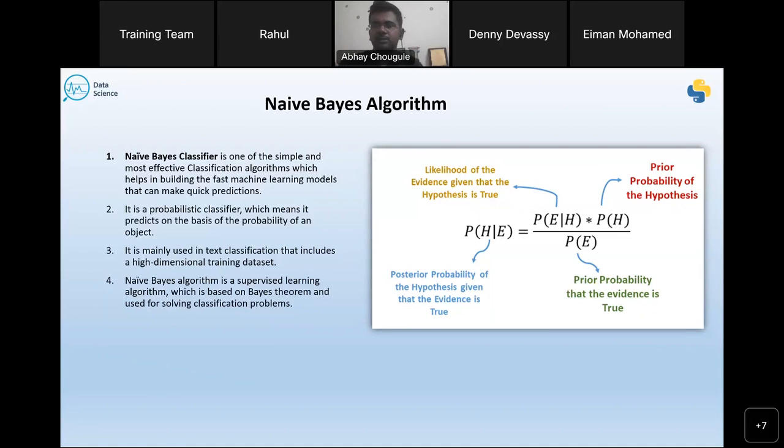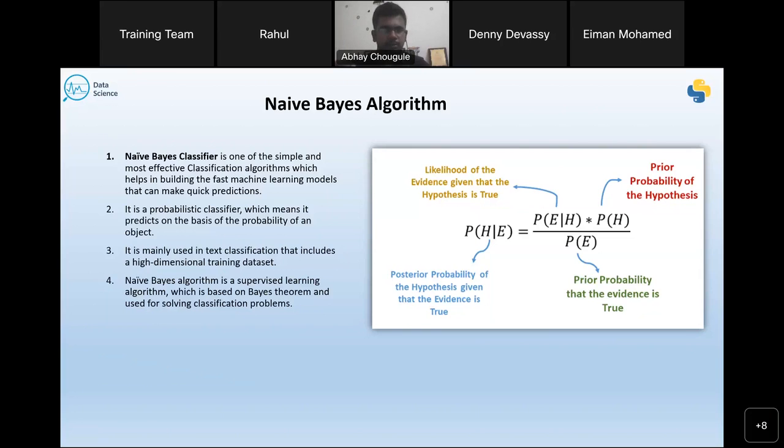Where there is a multi-classification concept, we can use Naive Bayes dedicatedly. But today I have taken one example on binary classification. We can use it for binary as well, not an issue. You can implement it on multi-classification or binary classification, it doesn't matter. Second, it is completely based on conditional probability.